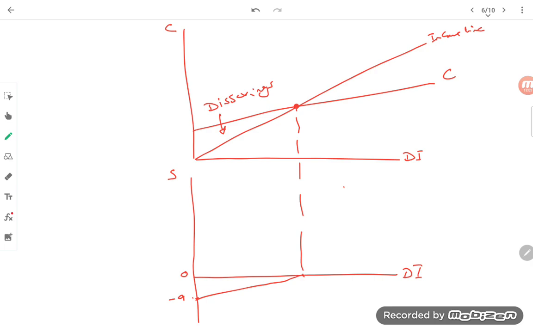At this point, as we said, savings equals 0. And this is negative savings. After this point, income is greater than consumption and savings will be positive. This line is the saving function.